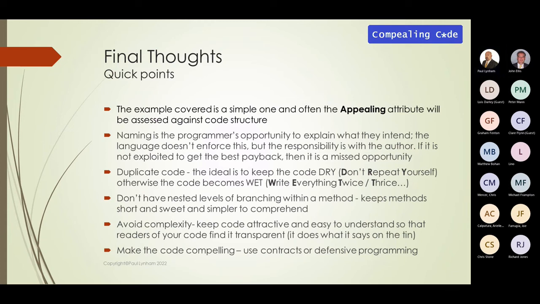And when you look at a method, you don't want to see lots of levels of branching. You want to keep it quite simple. Keep a minimum number of levels. Short, sweet, and simpler makes it easy to comprehend. So if you have to go down, say, 3 levels of iteration or 3 levels of selection, then think about starting at the inner level and making that a well-named method.